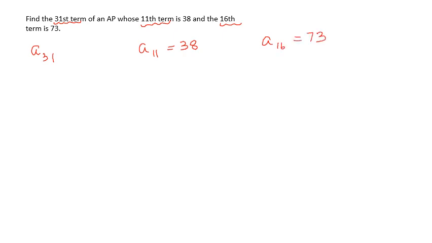Have you understood what I have written? You have to find the 31st term of an AP. That is a31, an, n is 31. You have to find out. Given a11 is equal to 38 and a16 is equal to 73. Now how are you going to do this? a31 will be equal to how much? a plus 30d.